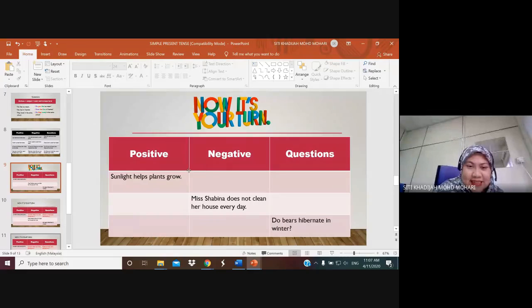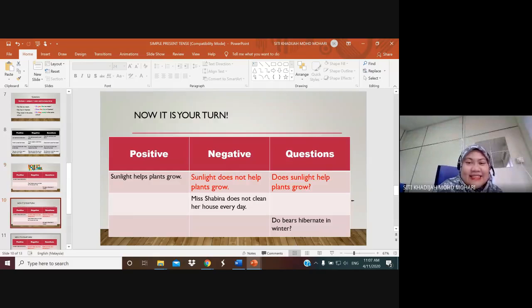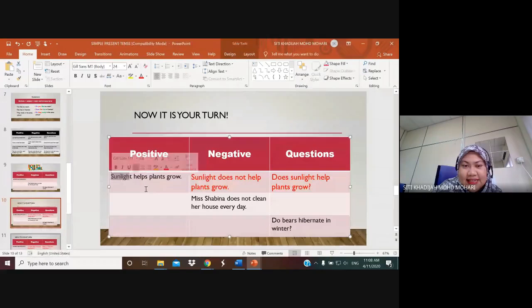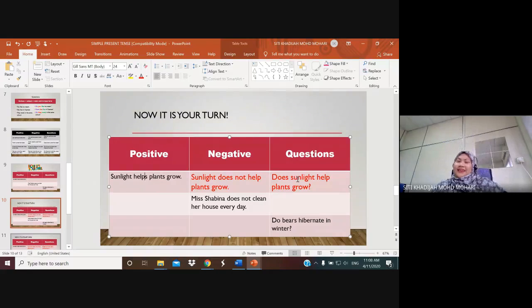Is it do or does? Does. For this one, sunlight. Okay, so the answer is: does sunlight help plants grow? Question mark. Because over here is singular. Sunlight is singular, uncountable. So we use does. Okay, thank you.